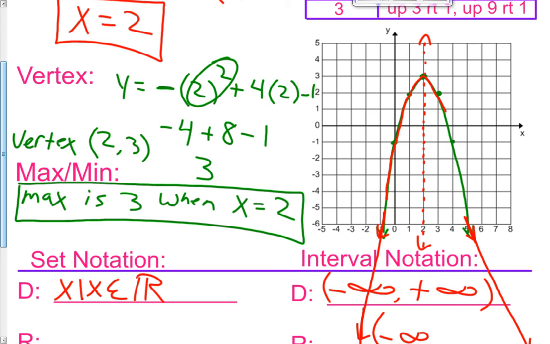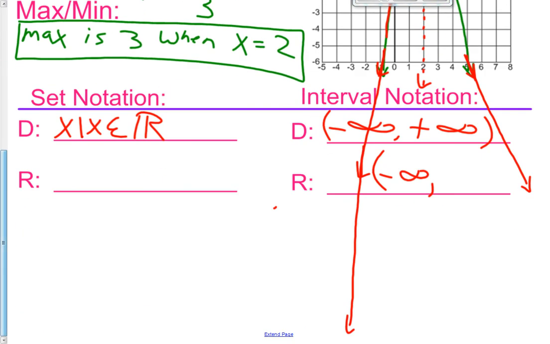So how high does my range go? It goes to a range value of +3. So it goes from -infinity, that's how low it starts, and it goes as high as 3. It includes 3, so I have a bracket there. So then for our set notation is y such that y is all of the numbers that are below 3 or less than 3, which means less than or equal to 3.